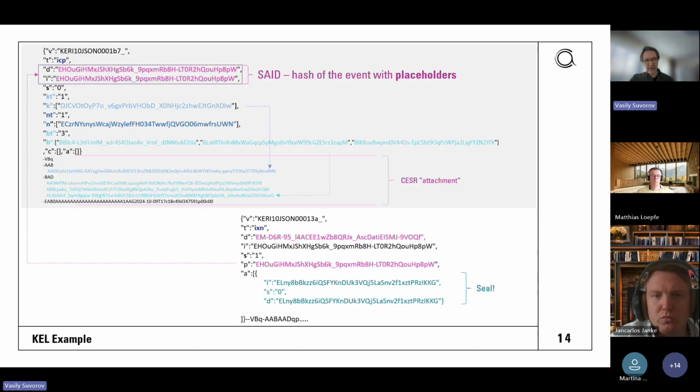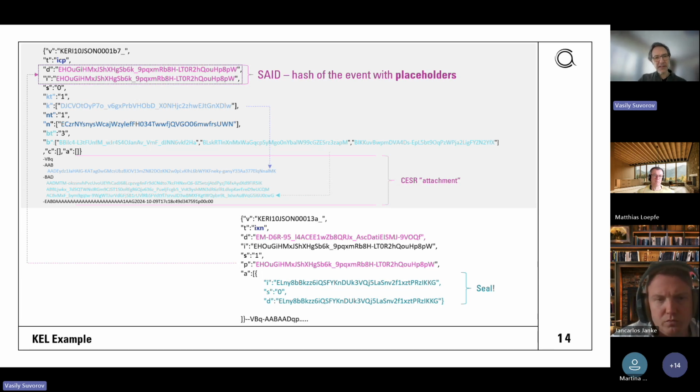So I gave you a little bit of theory. So now let's look at practice. So basically what you see here are the actual KERI events. And these KERI events are coming from the KERI demo. KERI is the SDK that exists out there. And typically, so this is, I mentioned the inception event. So how do you create an identifier?